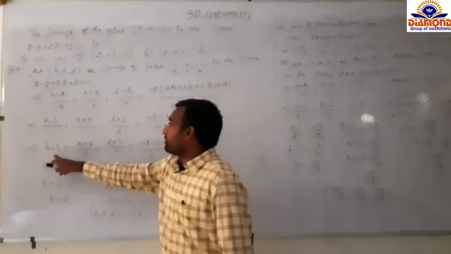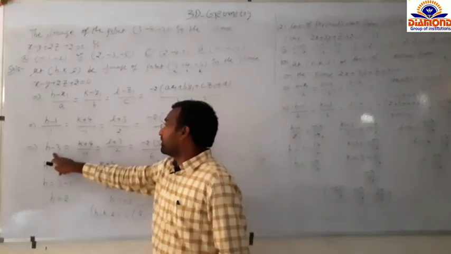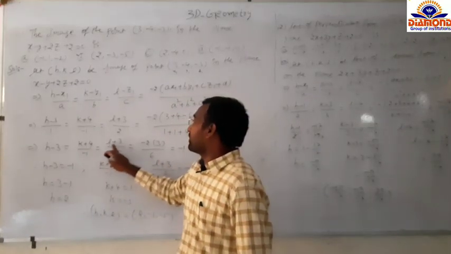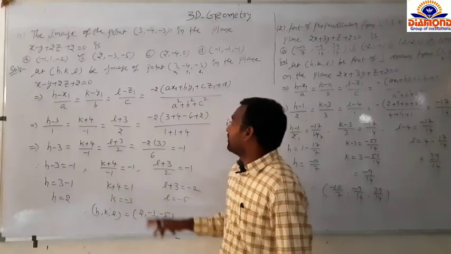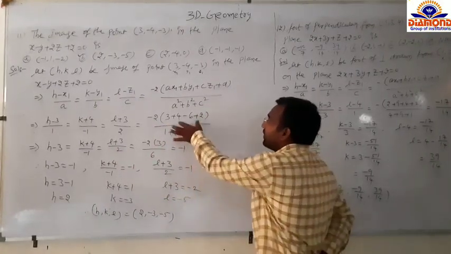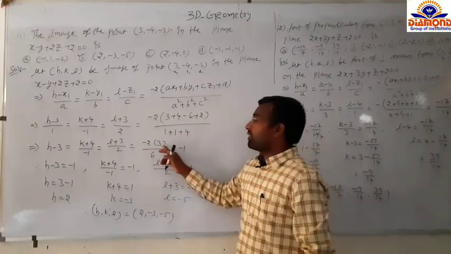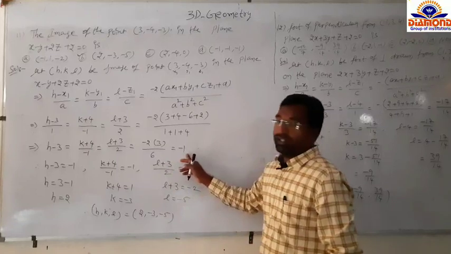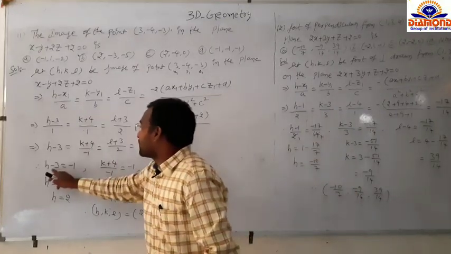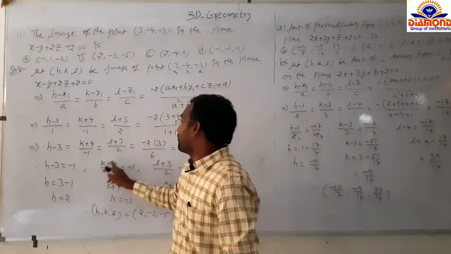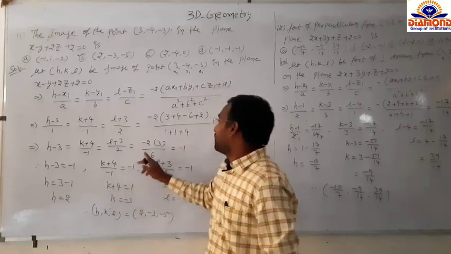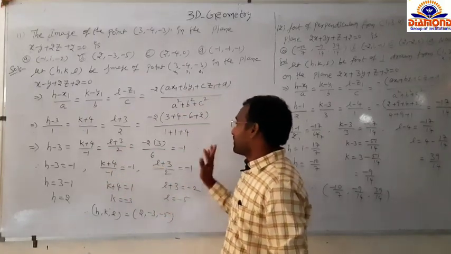So this value is nothing but 3 by 6. 2 into 3 is 6, the 6 cancels, remaining is minus 1. So h minus 3 equal to minus 1, (k plus 4) by minus 1 equal to minus 1, (l plus 3) by 2 equal to minus 1.